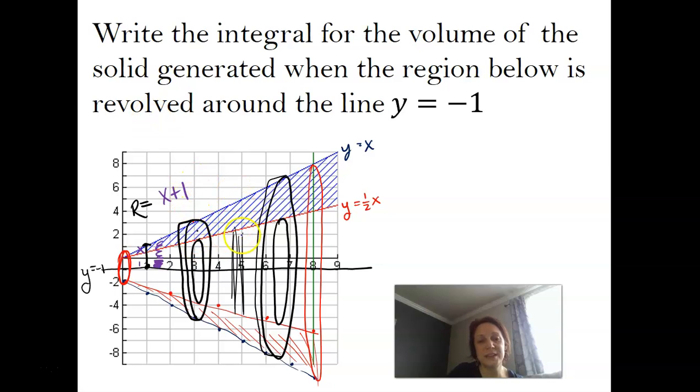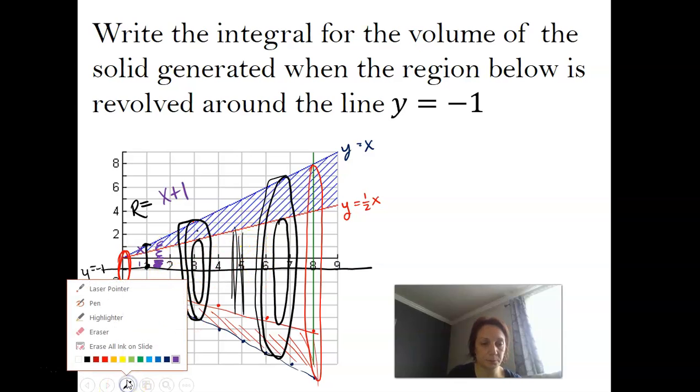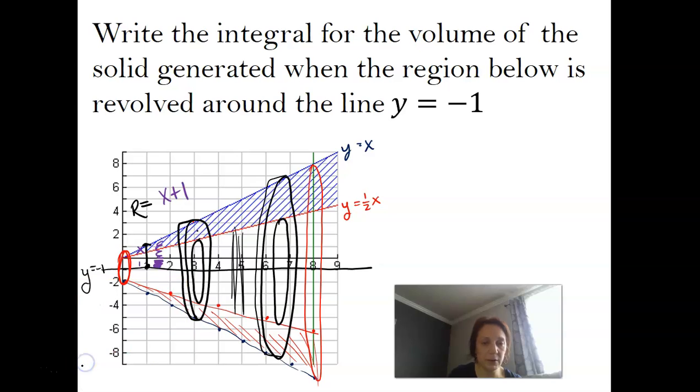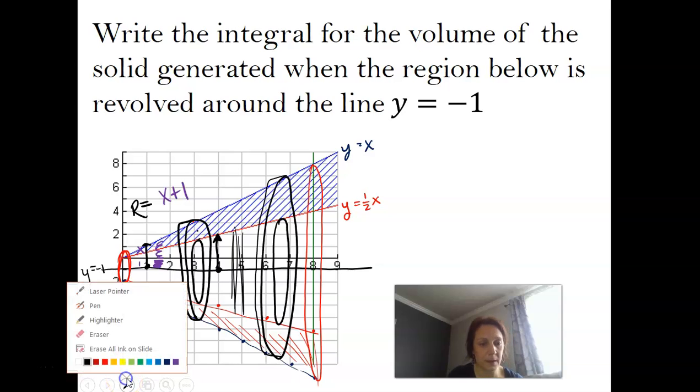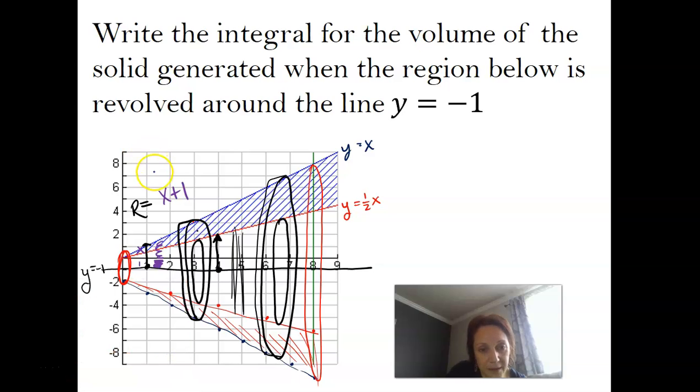Let's do the same thing for my inner radius. From my axis of rotation to the inside, in other words, to where the empty space ends and where the solid begins, that's going to be my inner radius. Once again, this distance here is 1, the distance between my axis of rotation and the x-axis.